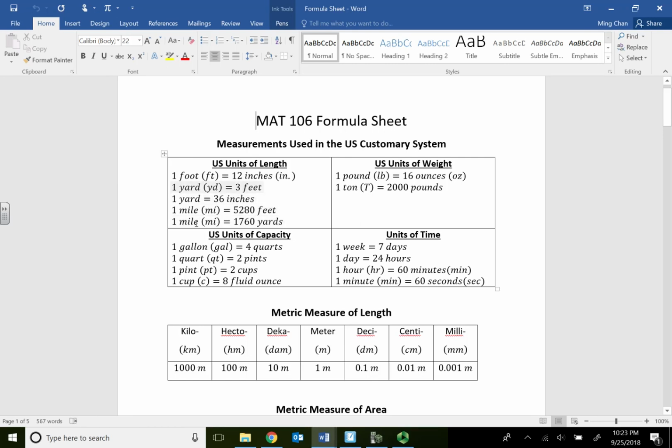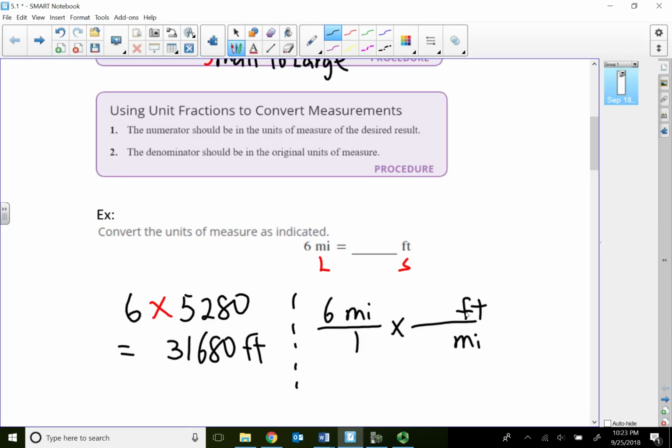By the way, this is basically a rate, or a ratio. The ratio between mile and feet is 1 to what? 5,280. It's like the ratio that we introduced before. Since I have a direct conversion between mile and feet, I can simply put my feet on top.